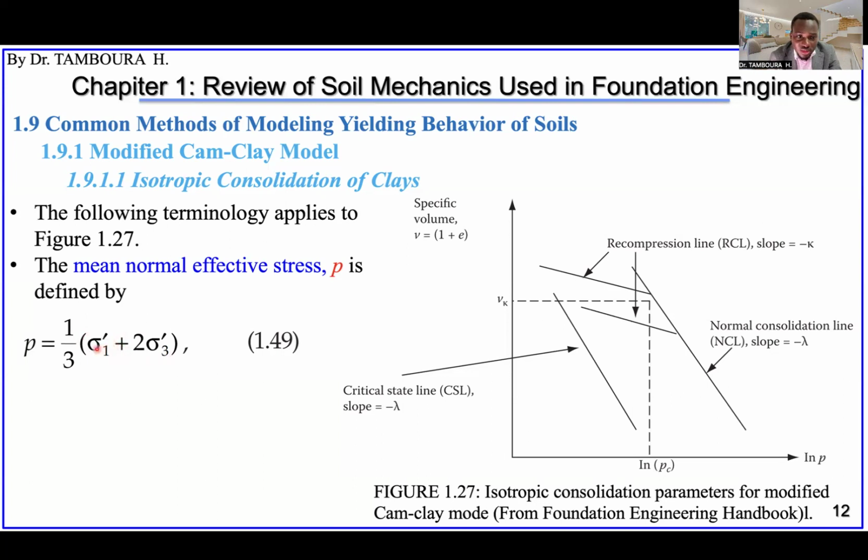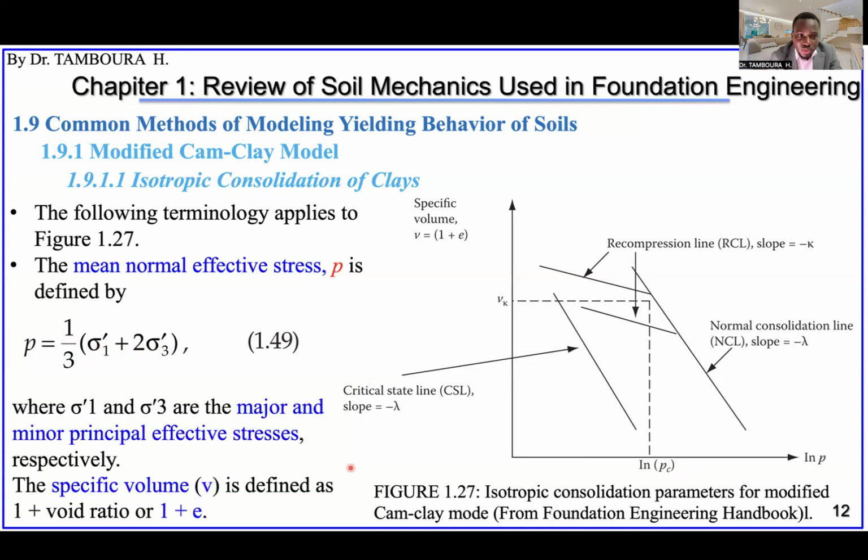Okay, so you add all of them, the sum of them divided by 3. This is the P here. Okay, so sigma 1 and sigma 3 are the major and minor principal effective stress.